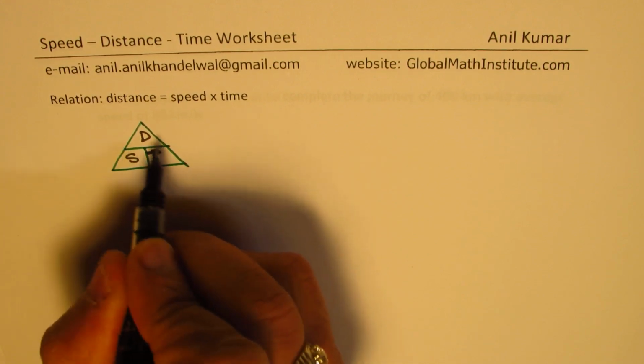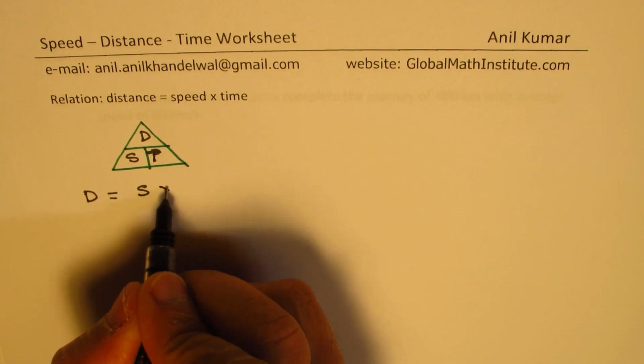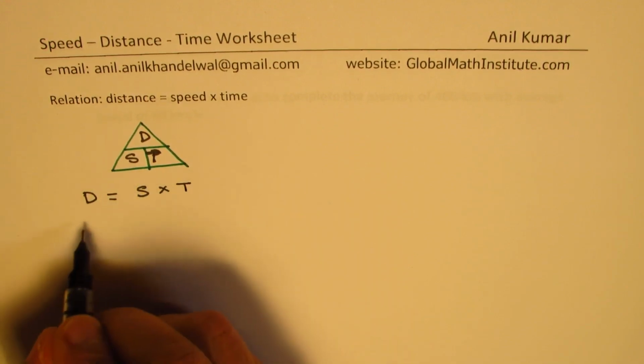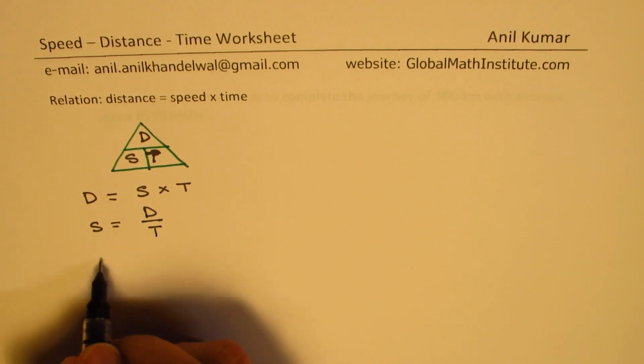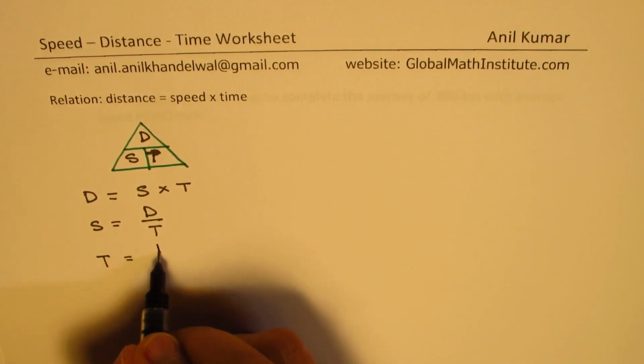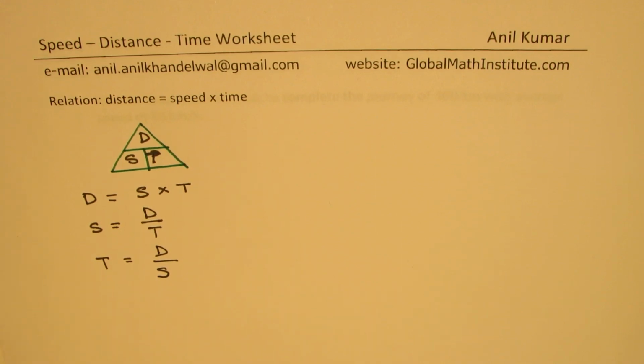So this relation can be written as distance is equal to speed into time, or we can write speed as a ratio of distance and time, or time in the ratio of distance and speed, correct? You have to, of course, take care of units while working with distance, speed, time problems, right?